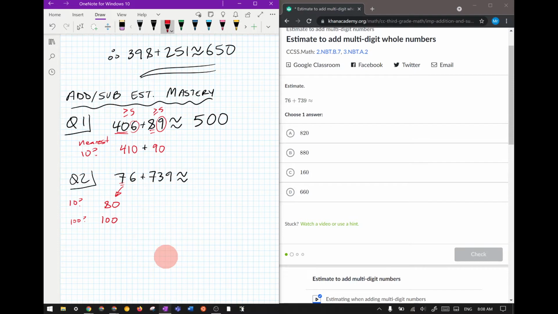Let's look at 739. So 73 tens and 9, that would round to 740. If we chose to round to the nearest 100, 700 is closer to 739 than 800 would be. And when we do it these two ways, let's see what answers we get. So one option that we're going to get is 800.